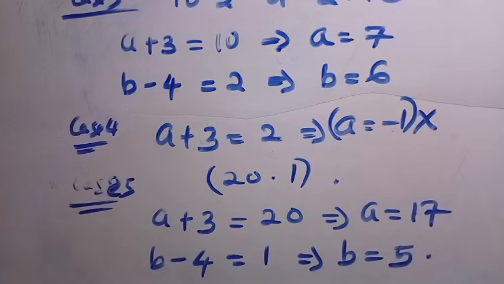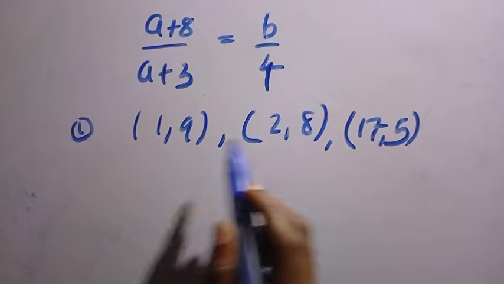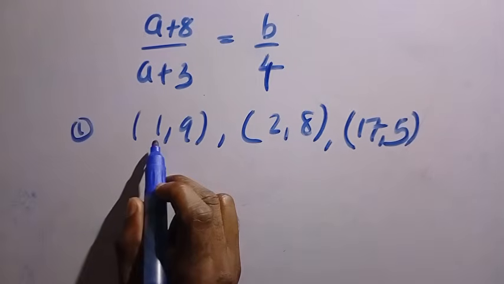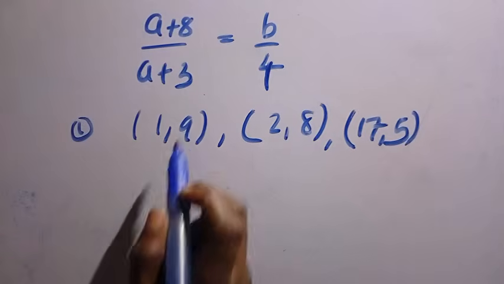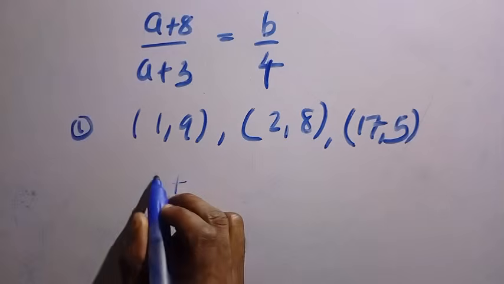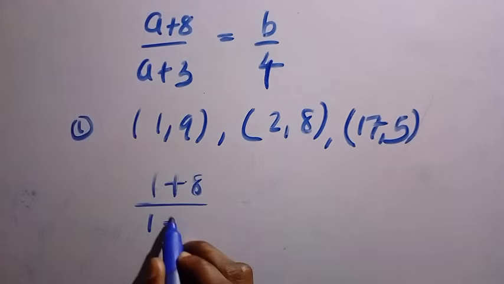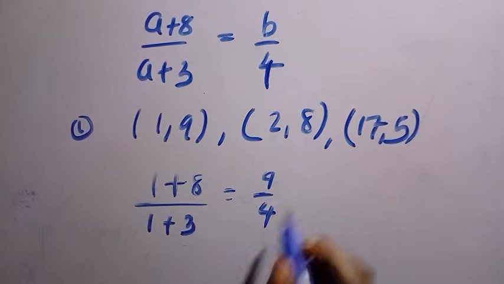Then we can actually check for most of them. From the pairs that we have, 1 and 9, 2 and 8, 17 and 5, and so on, let's check the first and the second. If A is 1, then B equals 9. So to check, we have (1 + 8)/(1 + 3) = 9/4.